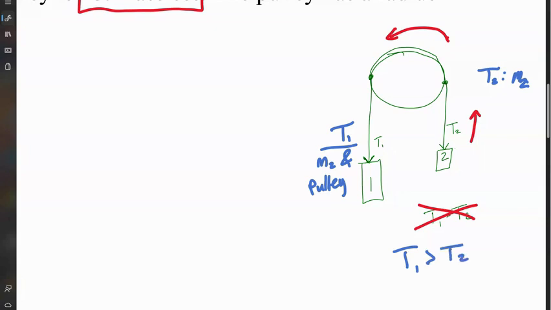We can't say Newton's third law because Newton's third law only works when there are no other forces interacting within the system. In this case, there are, because there's the contact between the pulley and the string.